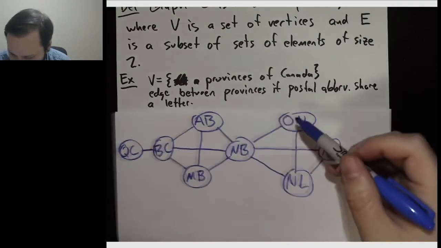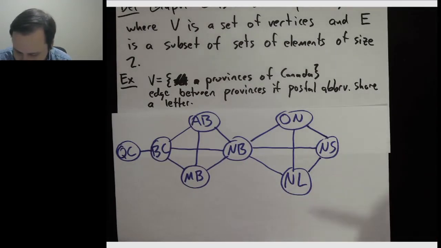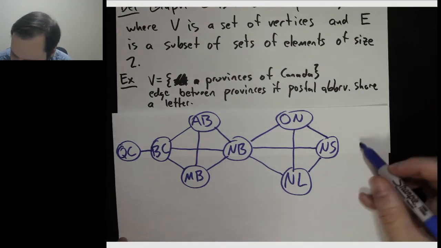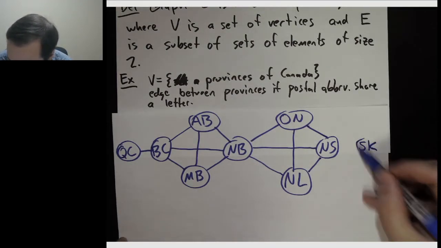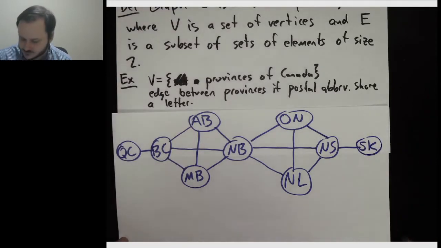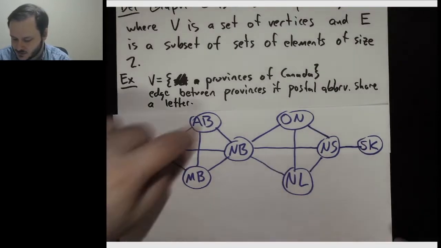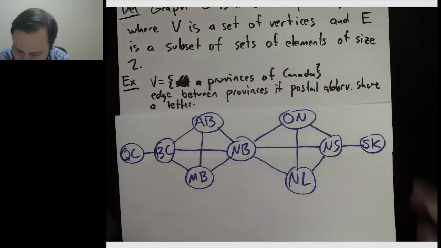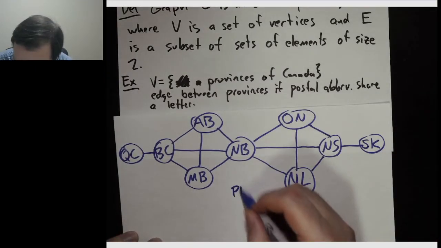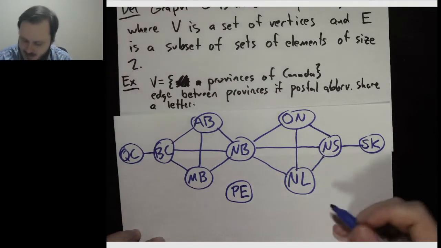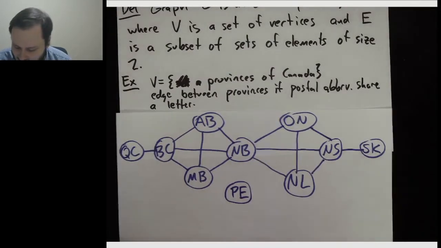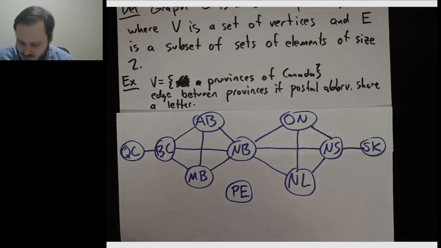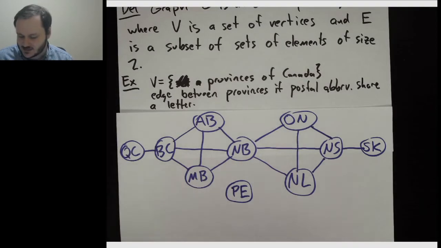And then no other province has O, no other province has L, but there is another province with an S. That's Saskatchewan is SK. And then if we count 1, 2, 3, 4, 5, 6, 7, 8, 9, we're missing one. Poor province that always gets forgotten. Prince Edward Island, PE. Even if you add the I for PEI. Doesn't get to be adjacent to anybody, just a vertex, no lines connecting it.